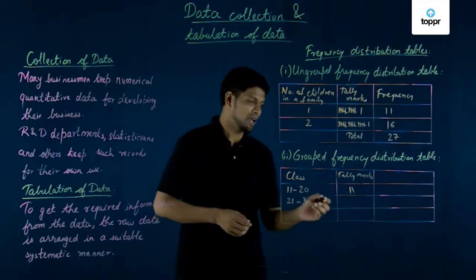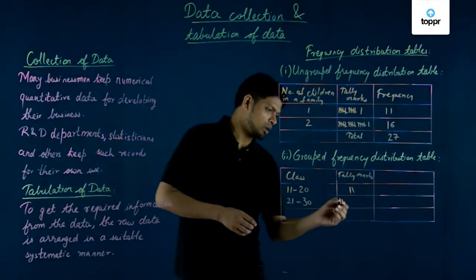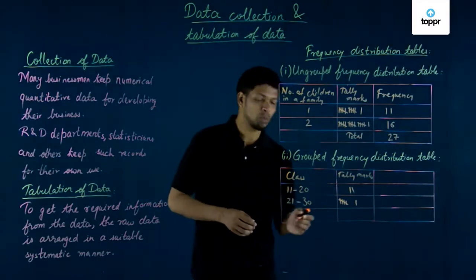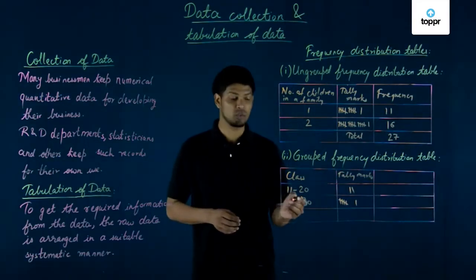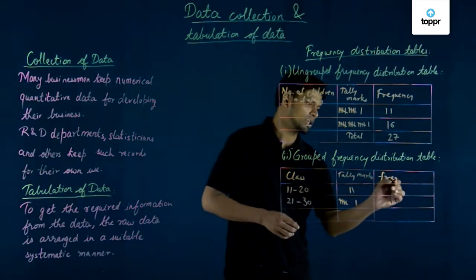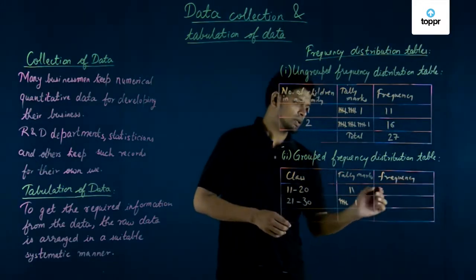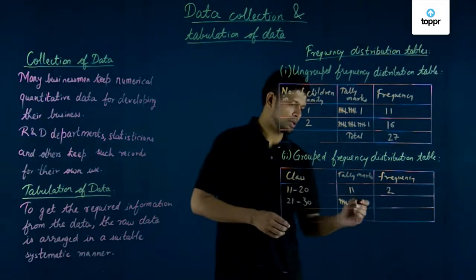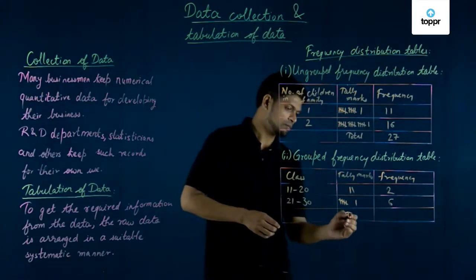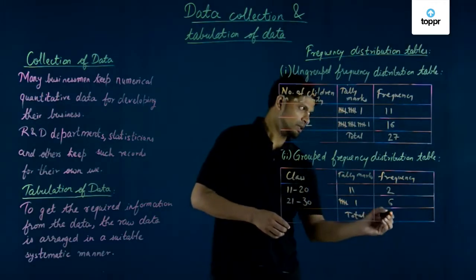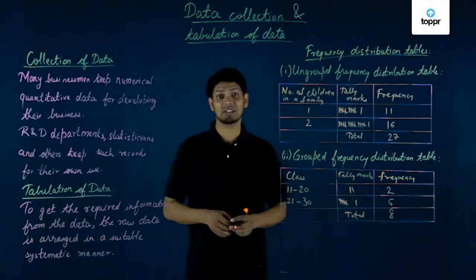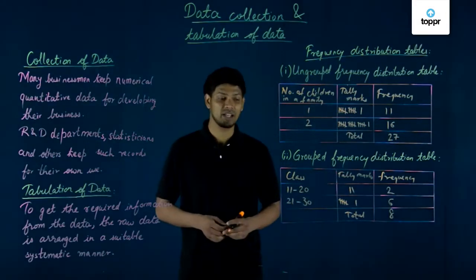And then there are 1, 2, 3, 4, 5, 6: 6 people want to participate, and their age group is 21 to 30. So finally we can write the frequency. That frequency is 2, here the frequency is 6, and the total is 8.